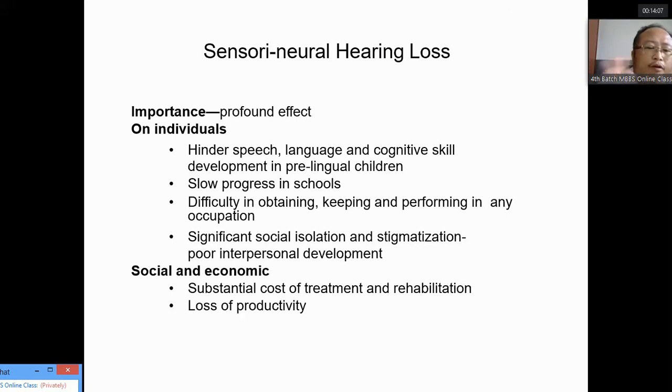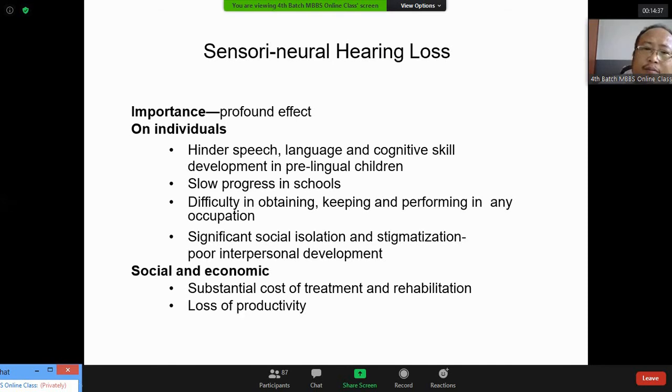It is important for individuals, especially in case of prelingual children. Prelingual children means children who have not yet developed speech. At around 1.5 years or 2 years, 2 to 3 years, the children develop their speech, they learn and they try to speak. At that time, when there is hearing impairment, there will be a profound effect.